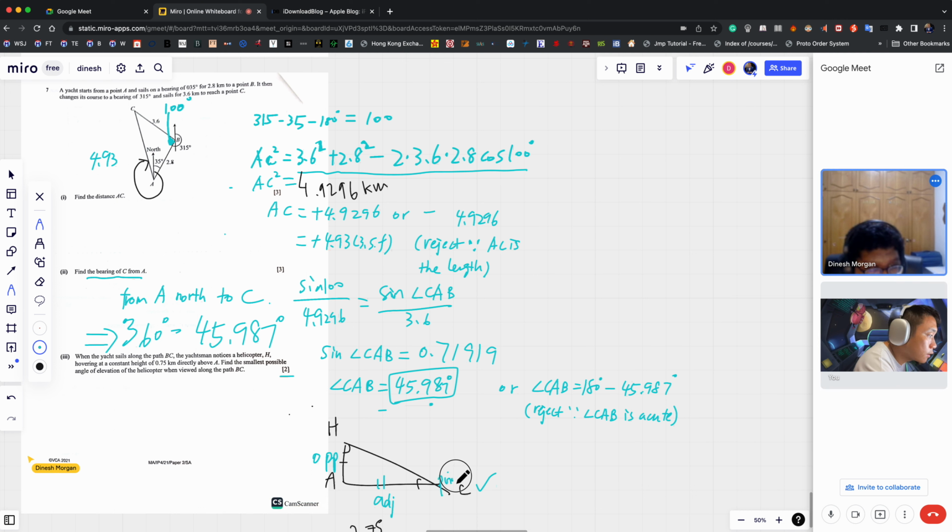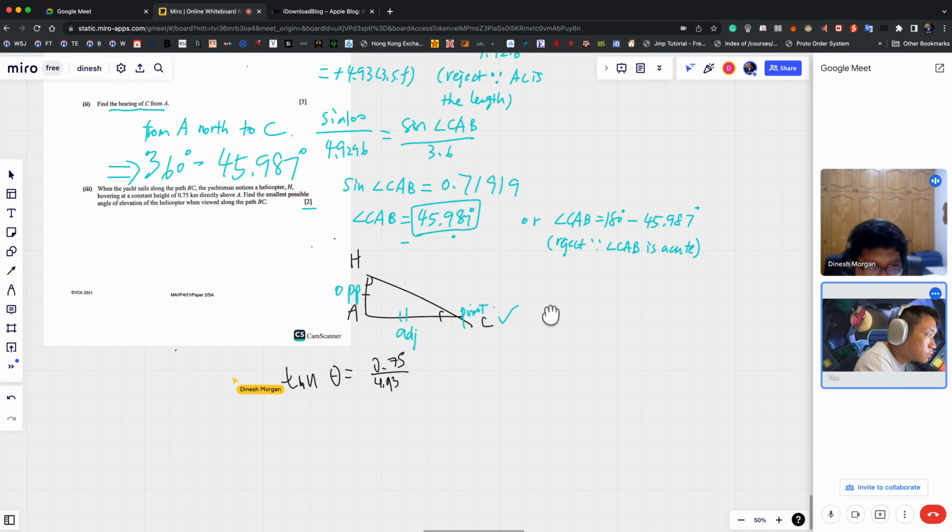Okay, good. So when you do tangent positive, then I think you should get two answers as well. Then you just reject because you want the smaller, right? Okay. Good. Next.